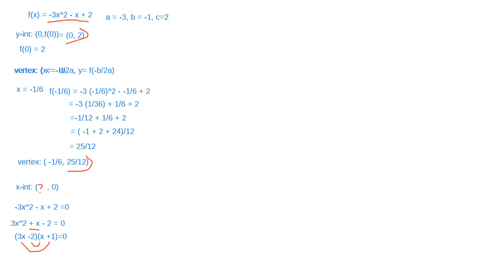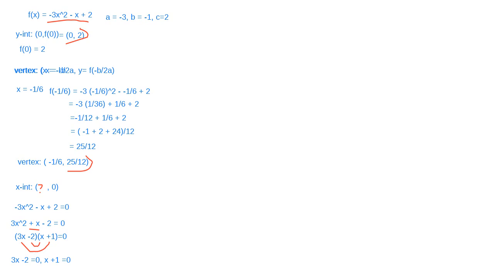Okay, so this works. By using the zero property, I can split into 2. So I have 3x minus 2 equals 0, and x plus 1 equals 0. This is by the zero property: if I have something multiplied by something else to be 0, that means either one or both of them is 0.